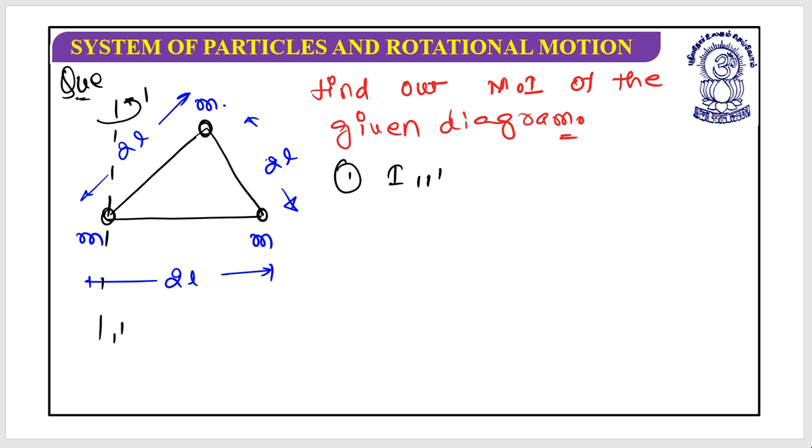What I understand, let's understand this very carefully, is that the situation is something like this: this is the rotational axis, and on this rotational axis this mass is there.